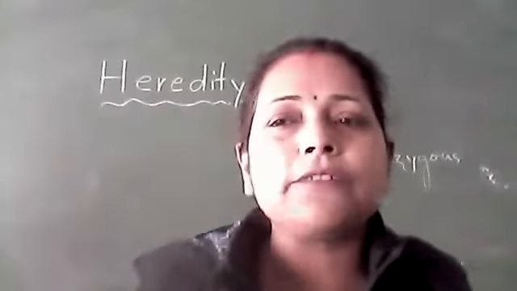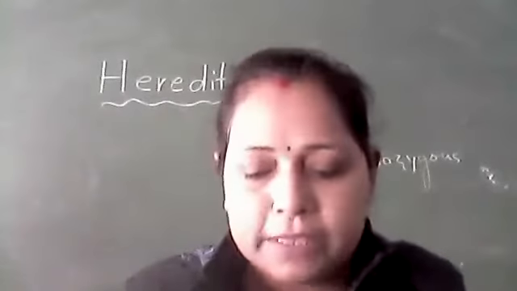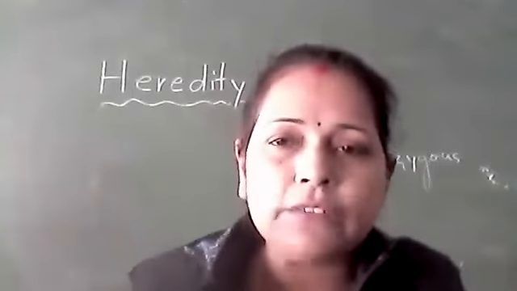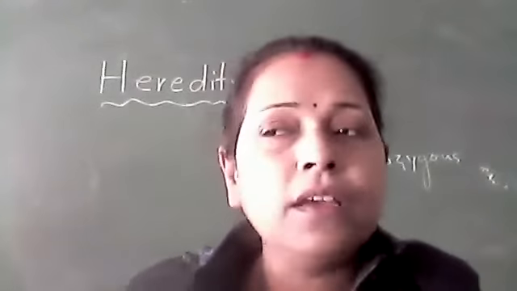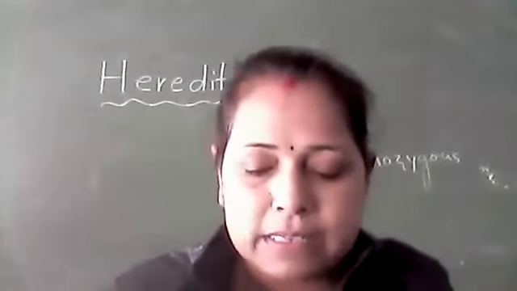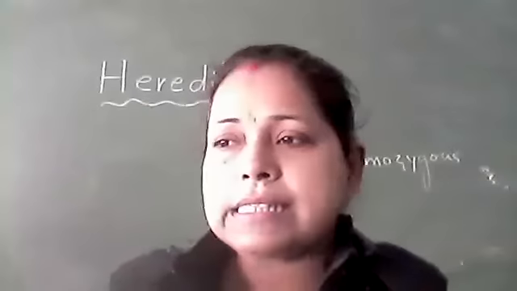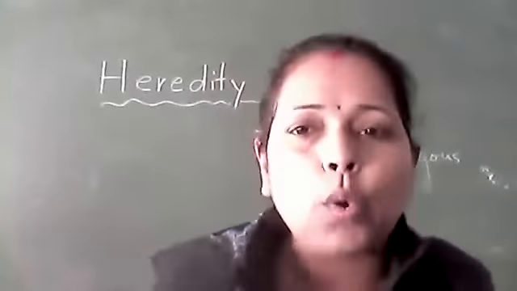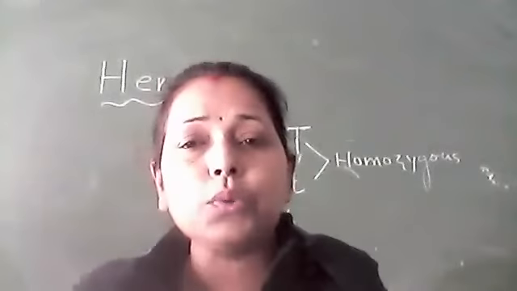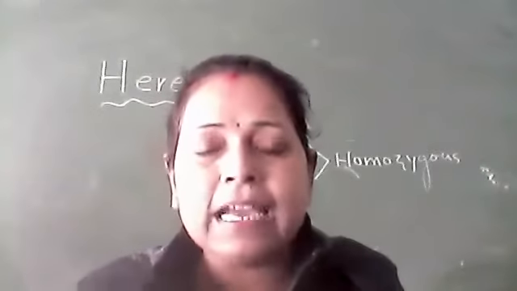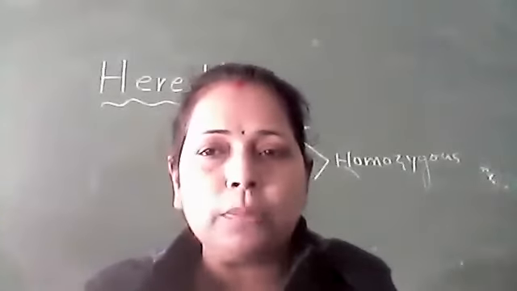Now let us discuss the first law, that is law of dominance. Okay, that is not given in NCERT, the names of all the laws are not given. Simply they have described the experiment. So what did Mendel do? Mendel first of all took the true line breed of tall plant and crossed it with short plant.